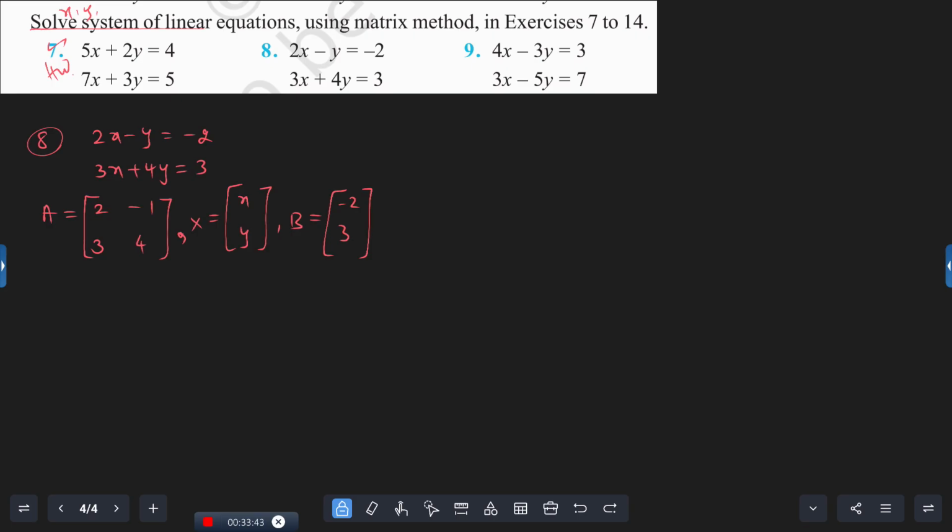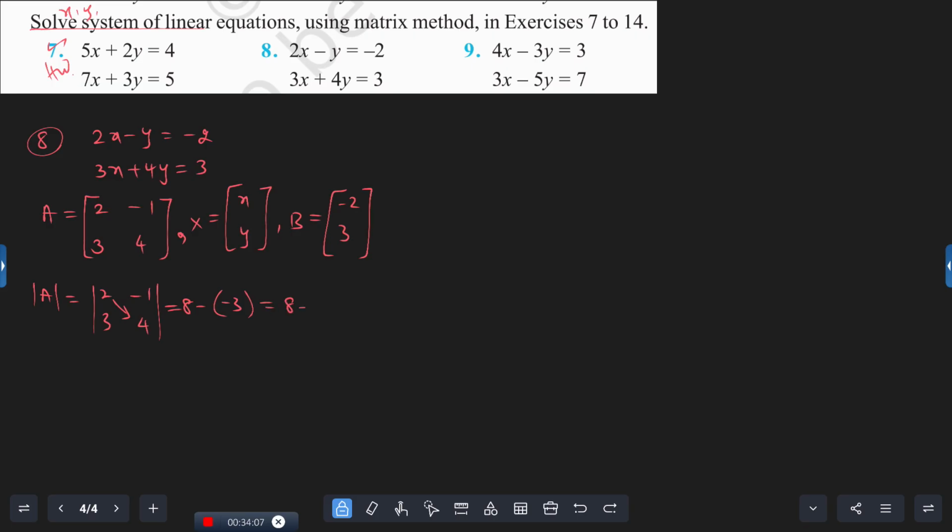So we know how to solve actually, am I right? What all do you need to solve this? We need the determinant as well as A inverse. First we'll find the determinant of A: 2, 3, minus 1, 4. So 2 4s are 8, formula minus 3 into minus 1, minus 3.